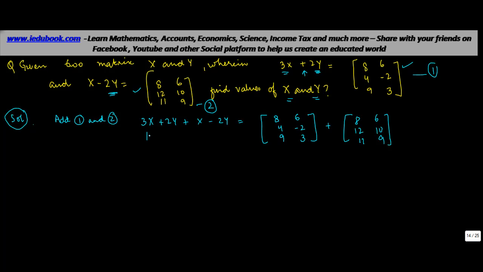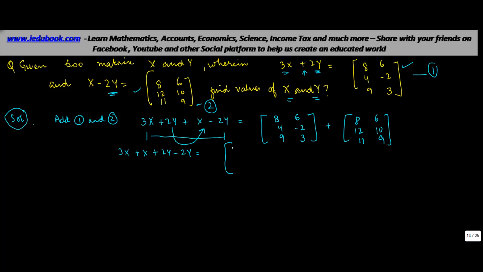Applying the commutative property of addition, we can move this 2y towards the end. So we can write this as 3x plus x plus 2y minus 2y is equal to the sum of these two. For the sum, the order has to be the same, and we see that the order of these two matrices is the same.